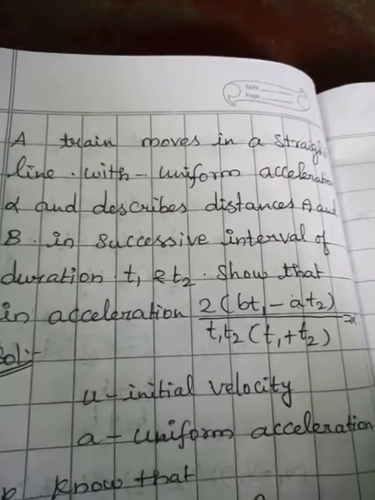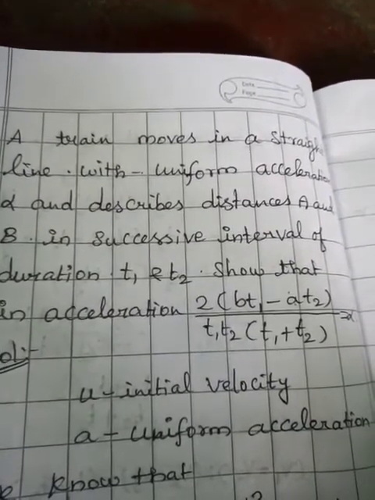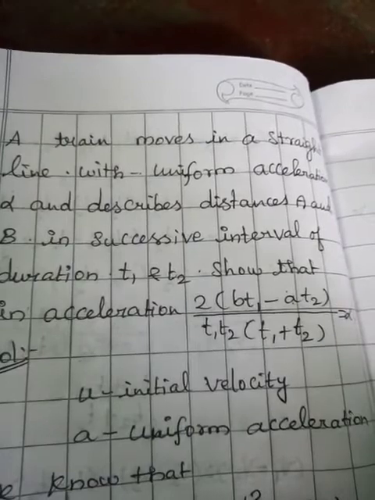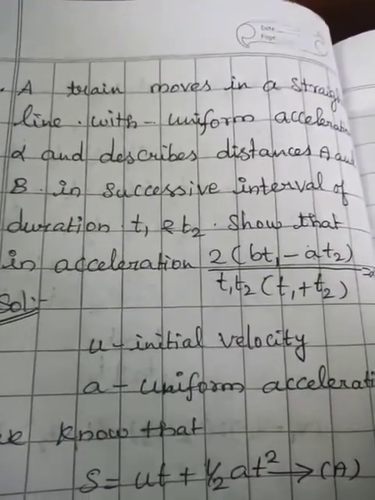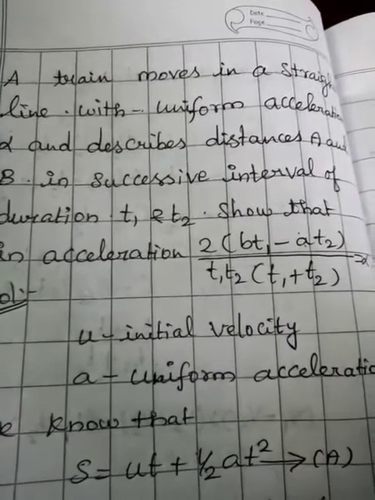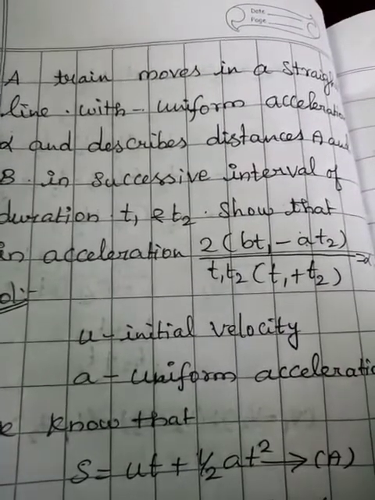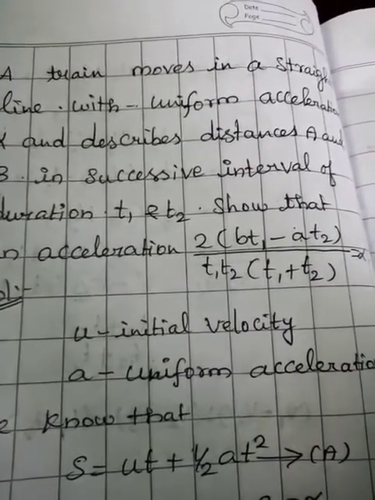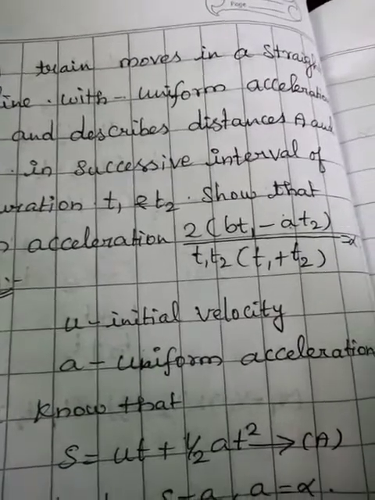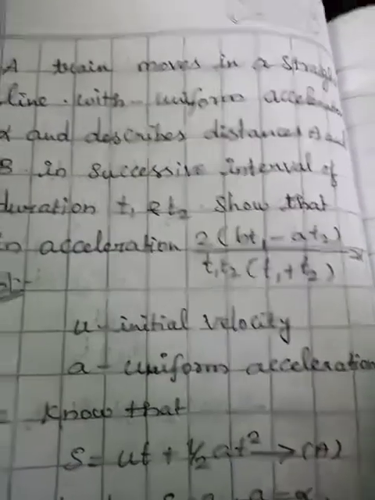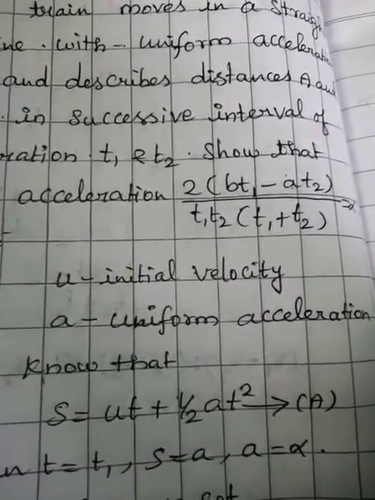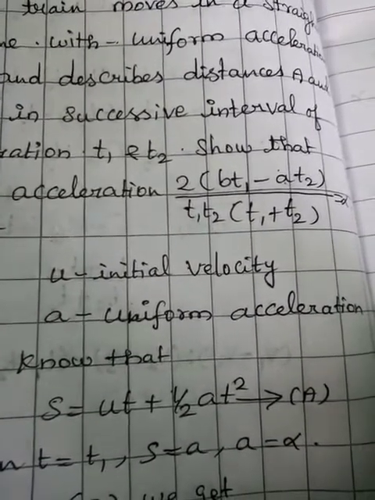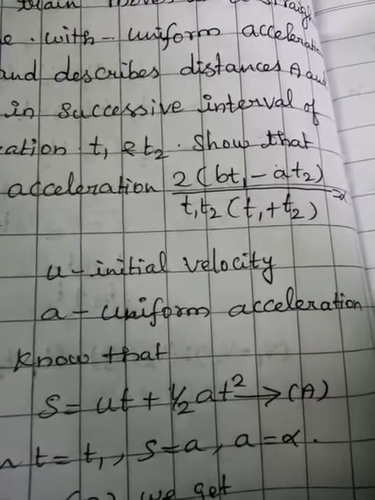Interval values t1 and t2, distances a, b. So the solution: u is the initial velocity, alpha is the uniform acceleration. We know that s is equal to ut plus half alpha t square, equation number a.